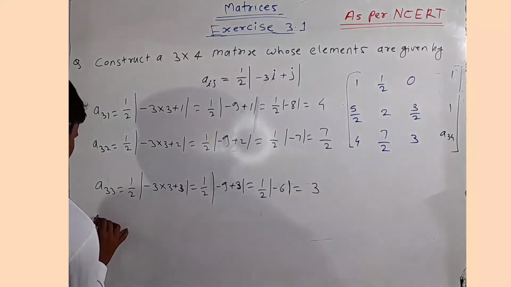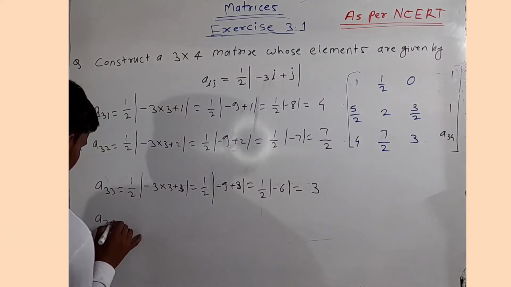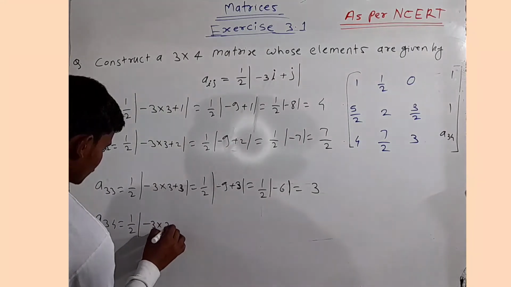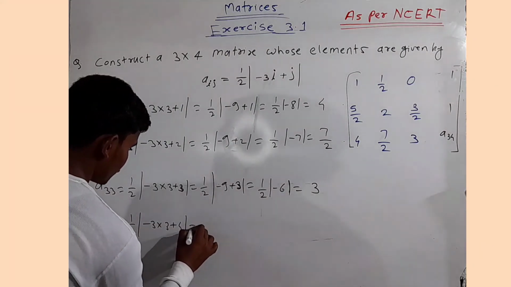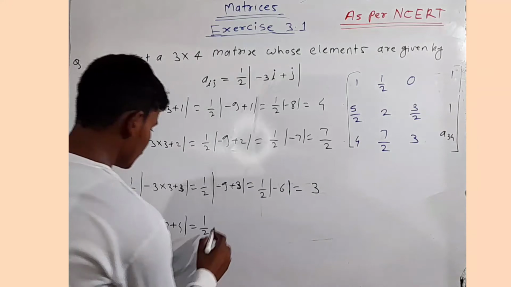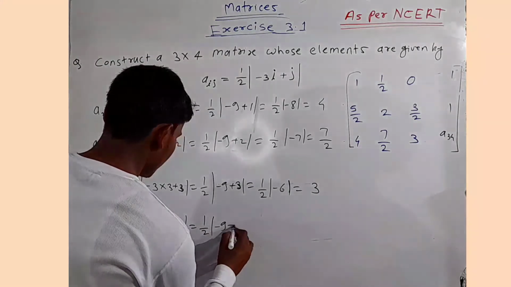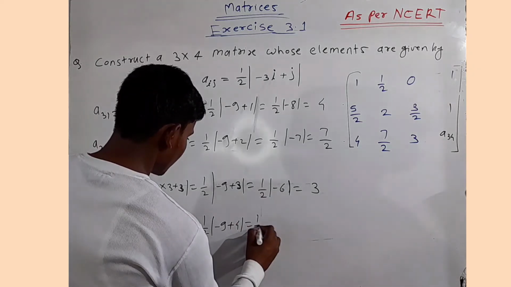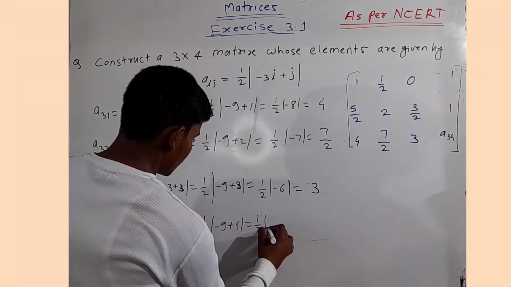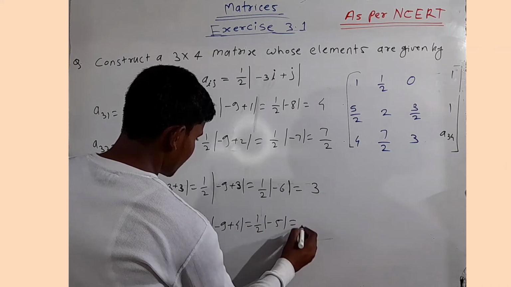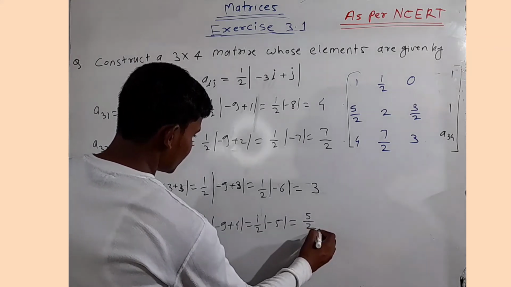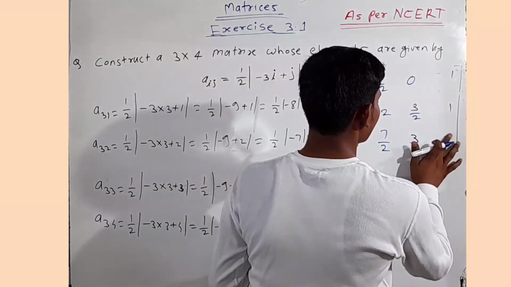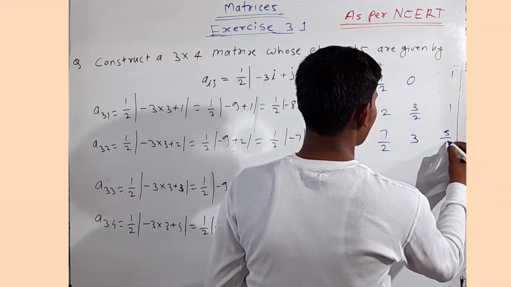And last one, A34 equals 1 by 2 mod minus 3 into 3 plus 4, which equals 1 by 2 minus 9 plus 4, which equals 1 by 2 into mod minus 5, that is 5 by 2, and the last element will be 5 by 2.